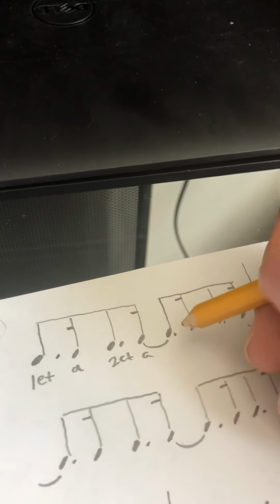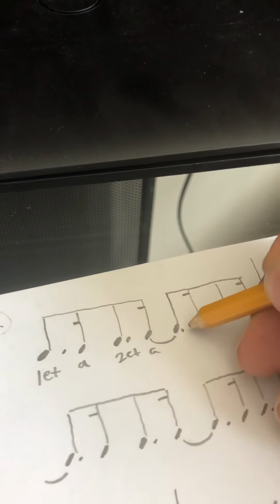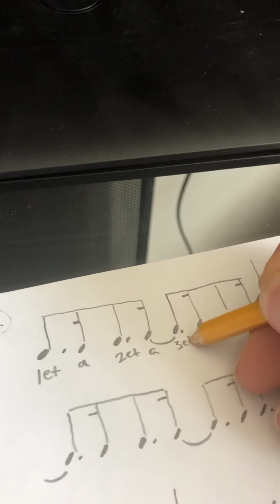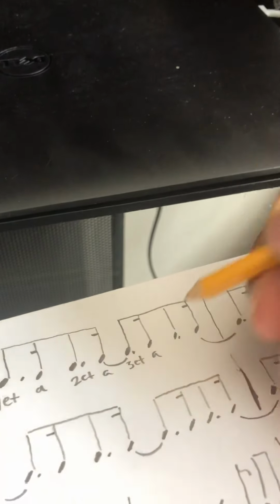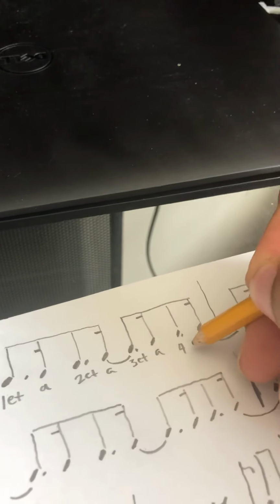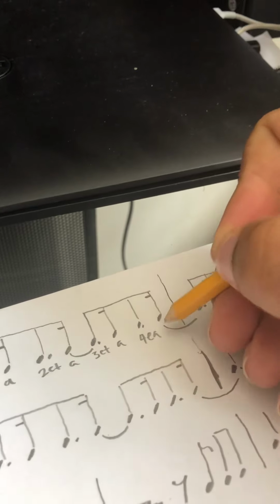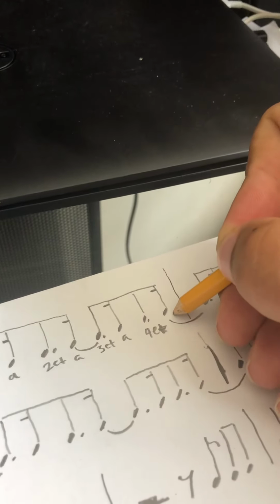That's a tie. It joins the values together. And this is another dotted eighth note, 3 E, and this next lone 16th note is 4 E and, and then this is the lone 16th note.